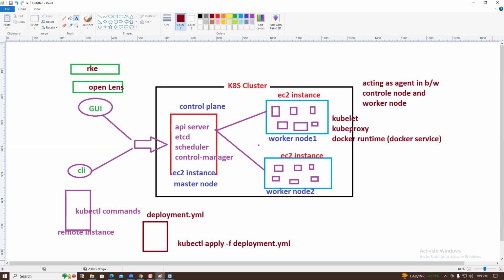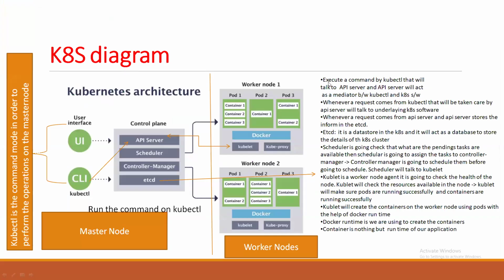The command executed by kubectl will talk to the API server, and the API server acts as a mediator between the kubectl command and the Kubernetes software.